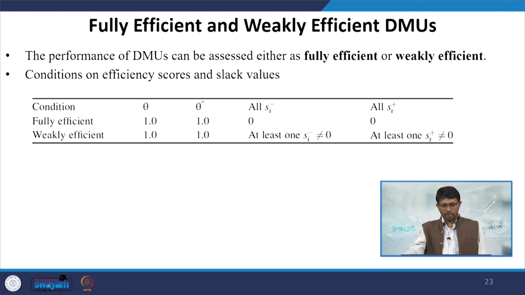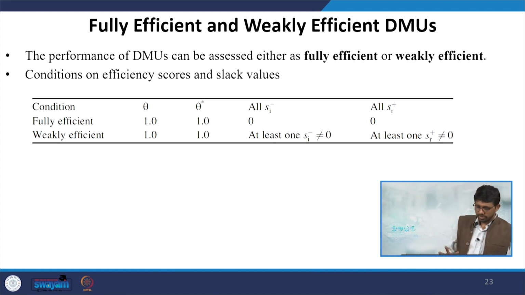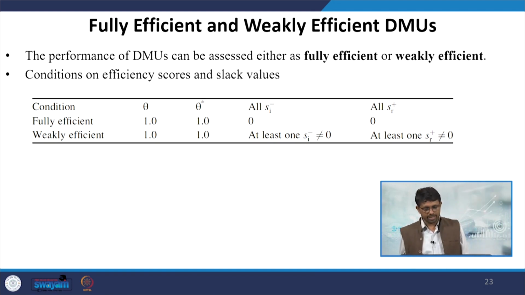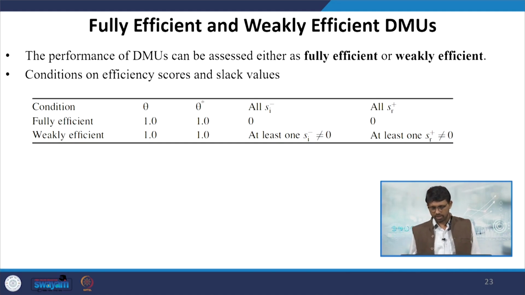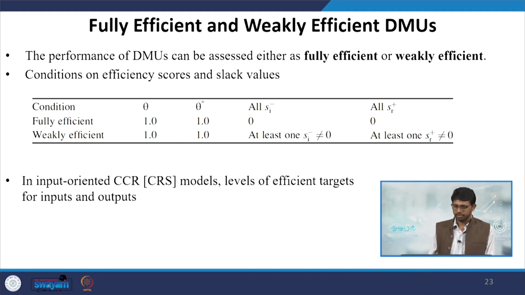In the weakly efficient case, everything else is the same, but in the case of slacks at least one input should be non-zero, which is the constraint we have already discussed in our model. And in the output case, at least one rth output should be non-zero.